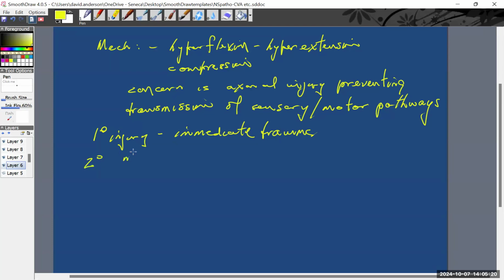And the secondary injury we're concerned about is how the body responds to that primary injury. So we're talking about the inflammatory response, we're talking about ischemia.